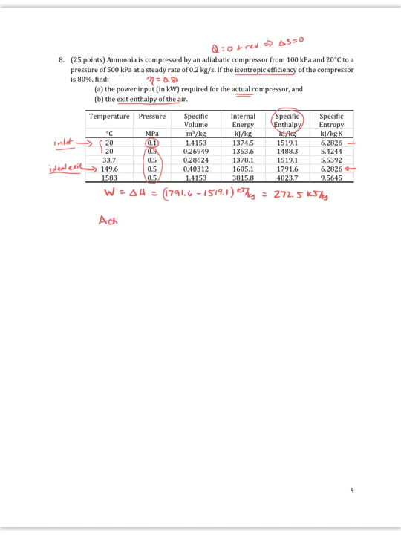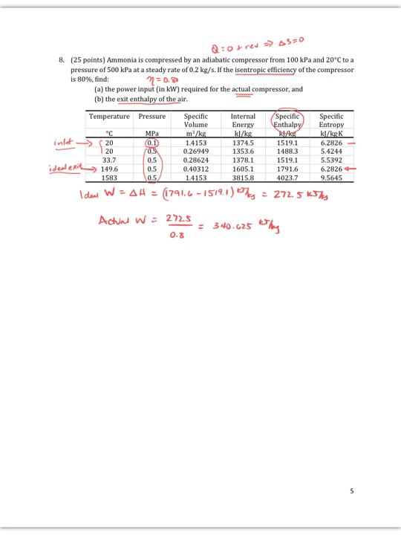The actual work, and this is the ideal, the actual work is going to be found by taking that ideal amount of work and dividing by the process efficiency, because for pumps and compressors, you divide. And so 340.625 kilojoules per kilogram is the work for the actual compressor.